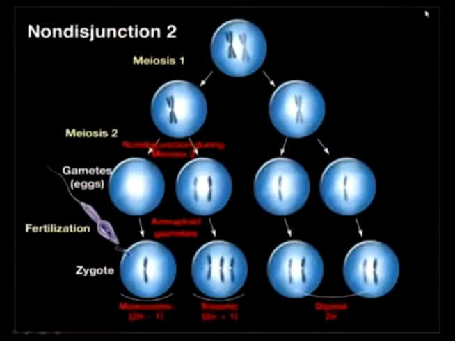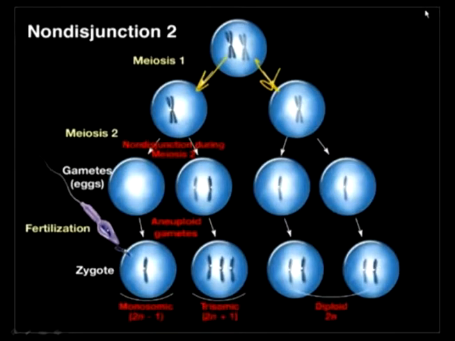But let's also just see, because there are test questions that might go to this, and you might have to draw it out. If non-disjunction occurred during meiosis 2 instead of 1, what would be the result? How would this affect things? Well, meiosis 1 is normal, so as we said, you have your homologous pair, and the homologs separate, one going into each cell, right?